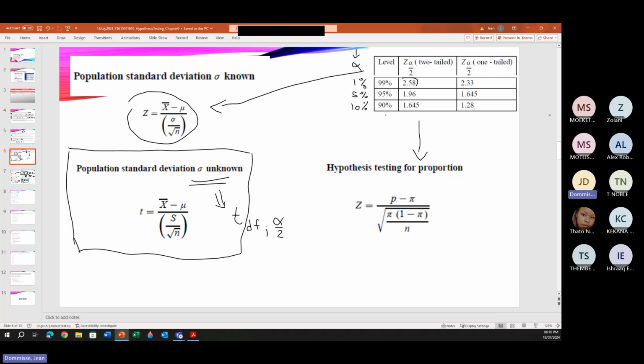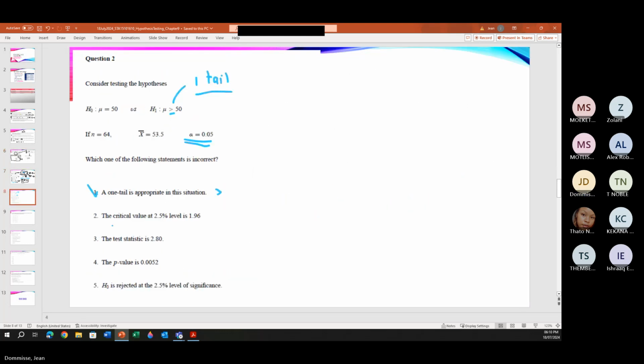Alpha is 0,05. One tail, so it will be 1,645. Okay, see, so now I am worried that here are two different views.